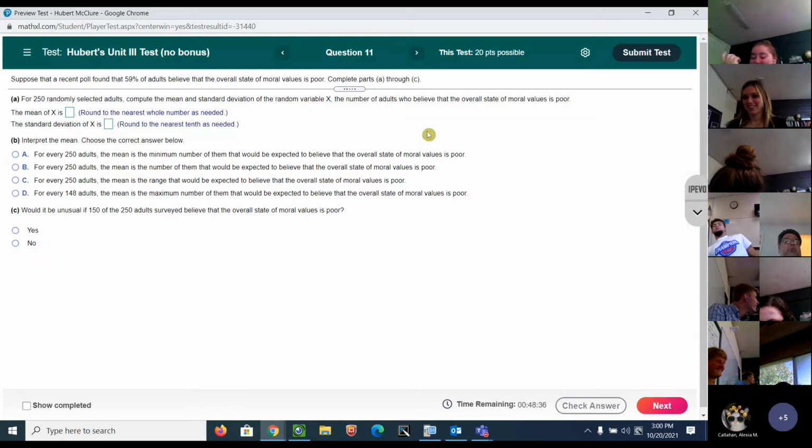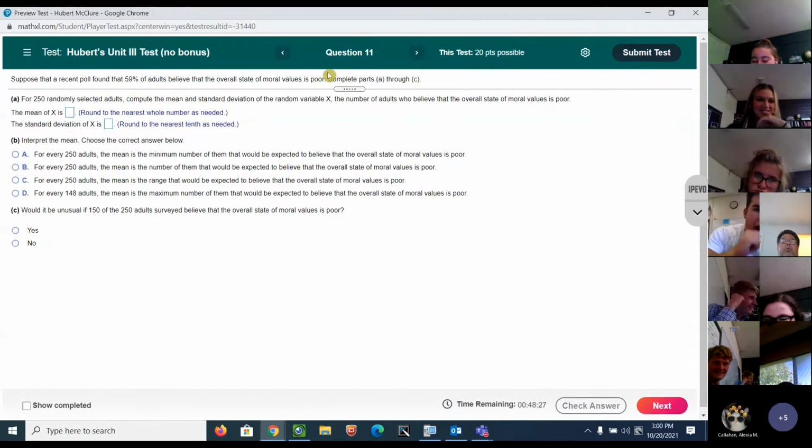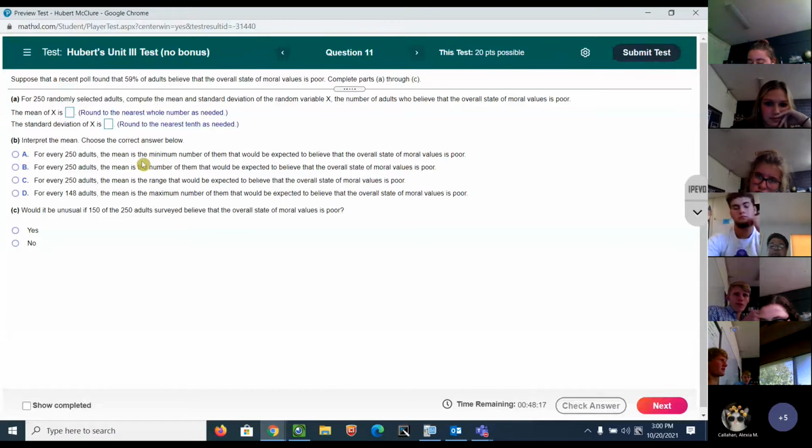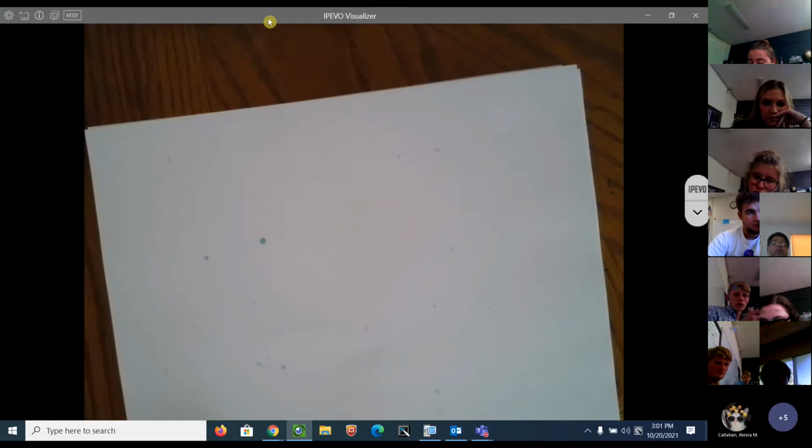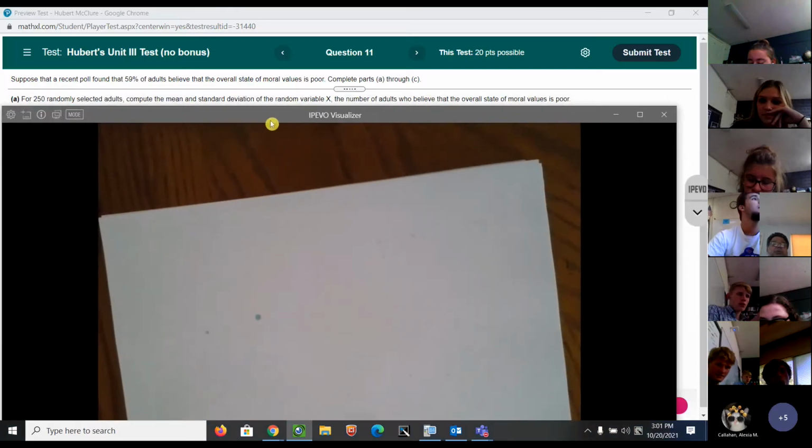Okay. Suppose that in a recent poll, 59% of adults believe that the overall state of moral values is poor. Complete parts A through C. For 250 randomly selected adults, compute the mean and standard deviation. Chapter 6. Mean and standard deviation, chapter 6, that means np.